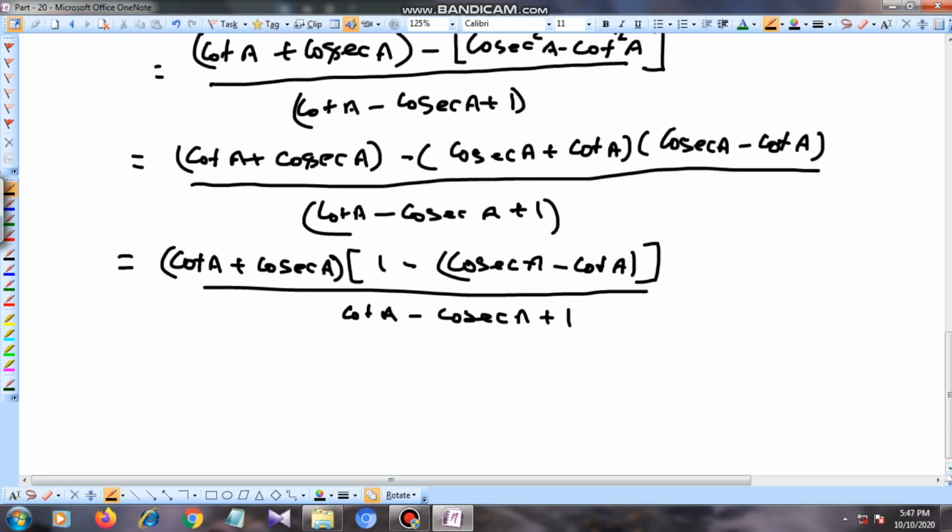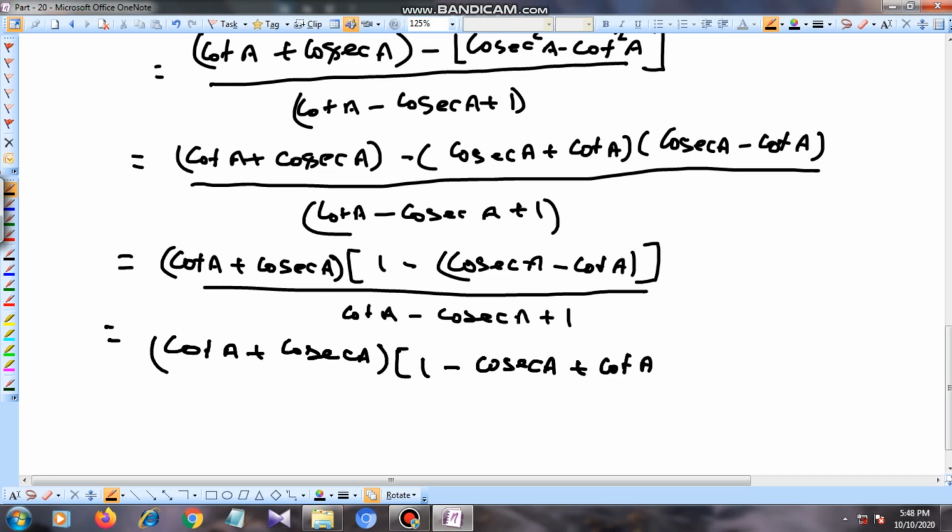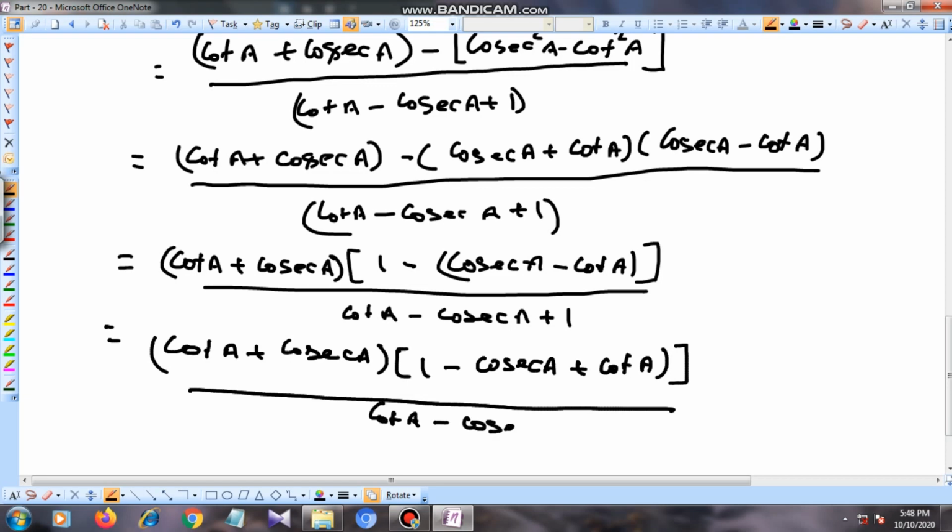Now cot A plus cosec A, and multiplying by the minus sign inside the bracket, we get minus cosec A plus cot A, upon cot A minus cosec A plus 1.